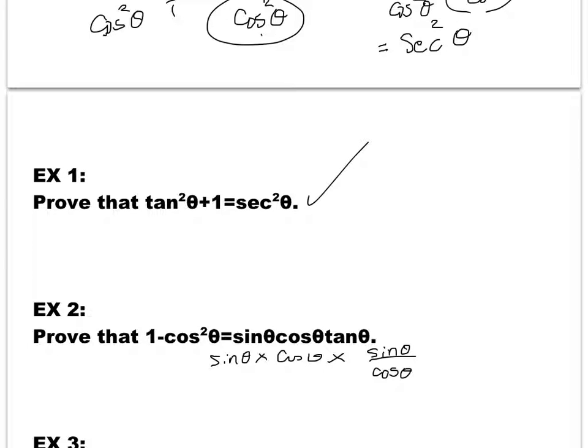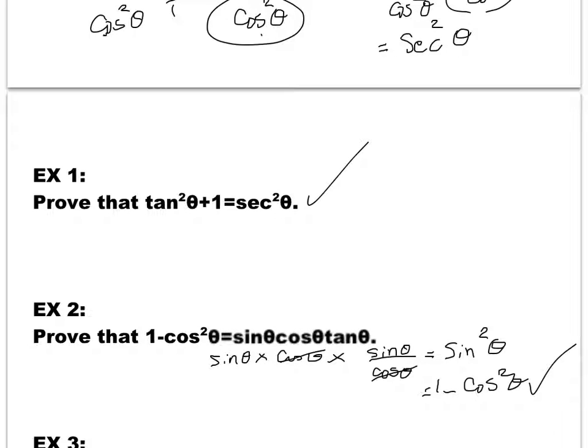That's the quotient identity, which we talked about before. Now, cos theta cancels with cos theta. I get sine theta times sine theta, which is sine squared theta. Now, by the Pythagorean identity, I know that sine squared plus cos squared is 1. So I can replace sine squared with 1 minus cos squared. And this proves the identity.